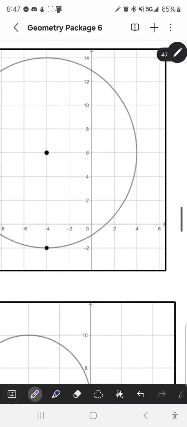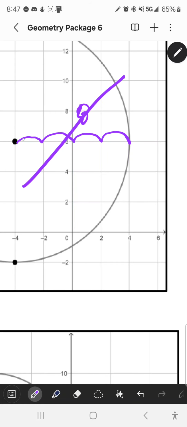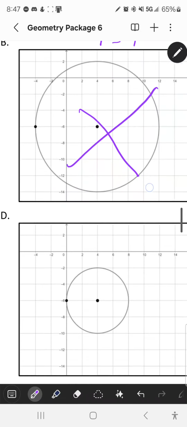Okay, look. This is 2. So here we have 2, 4, 6, 8. Here we have 8, which is not what we're looking for, and the same here.